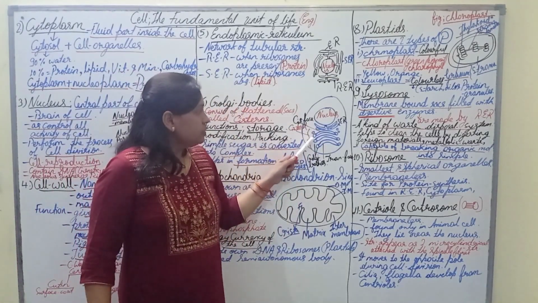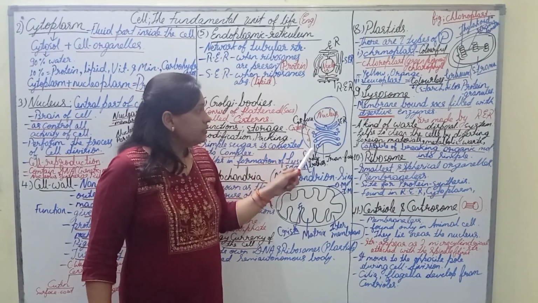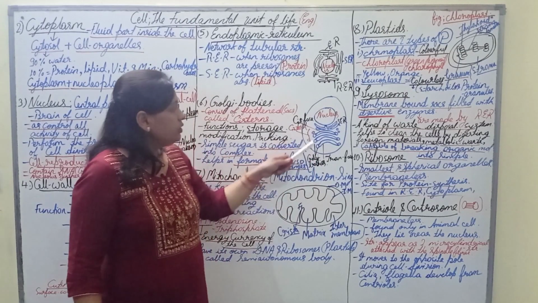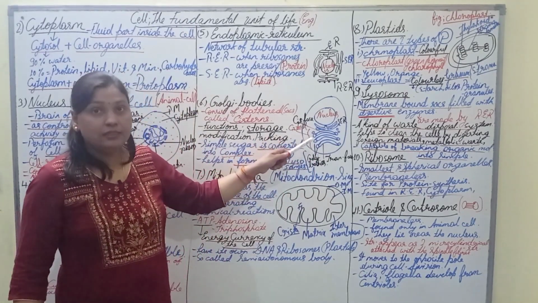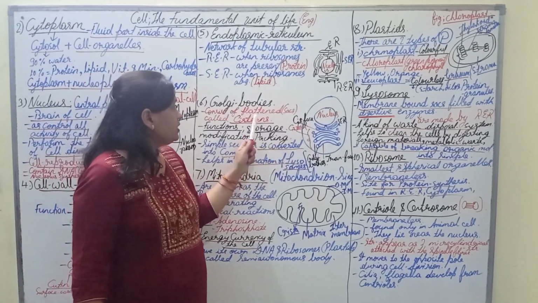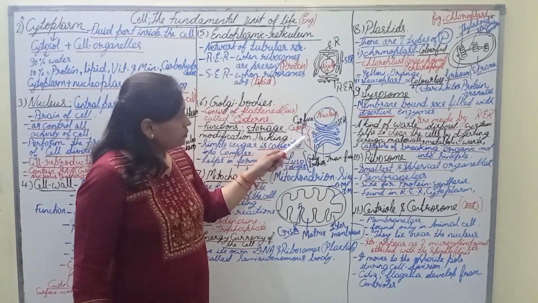So these cisternae have a spherical structure here. Golgi bodies also consist of spherical structures, vesicles, and flattened sacs that are called cisternae.